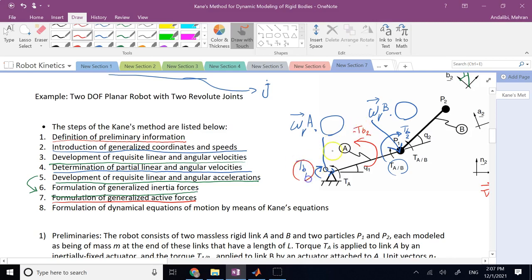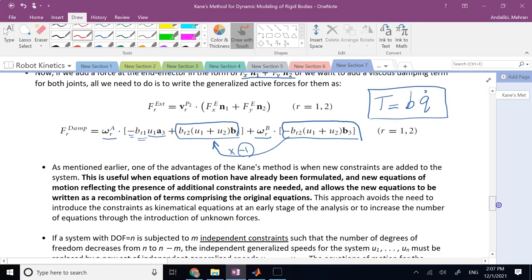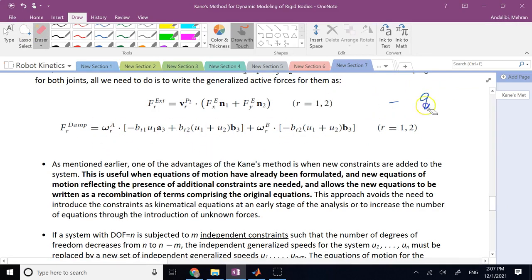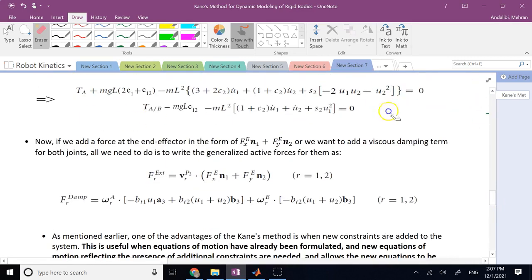So it is going to be this minus that, okay, the total negative or the total momentum due to viscous friction. And that's what you can see here. So it is quite clear that if I want to add a viscous damping, or let's say a force at the end effector and so on, all I need to do is to add one or several terms to what?